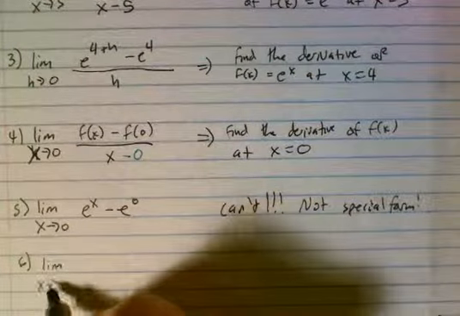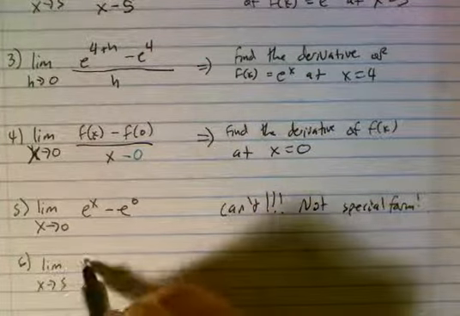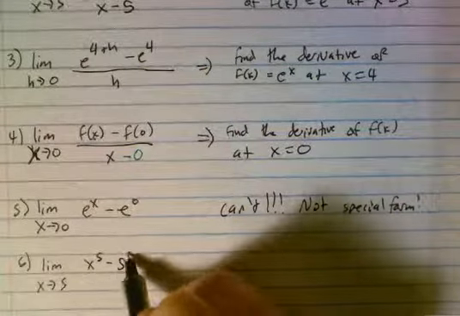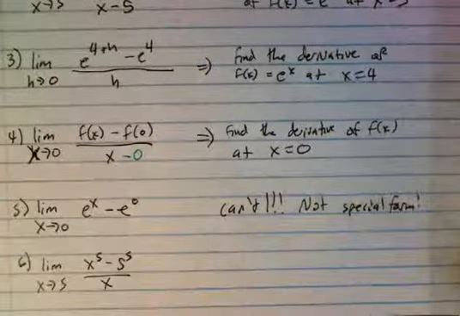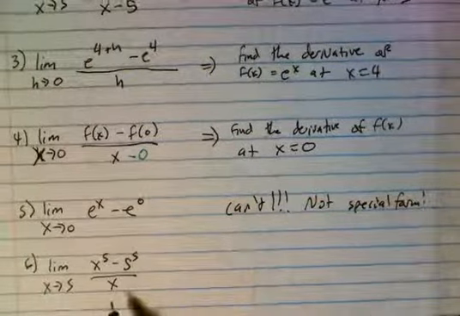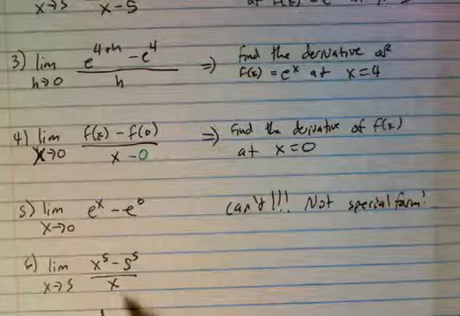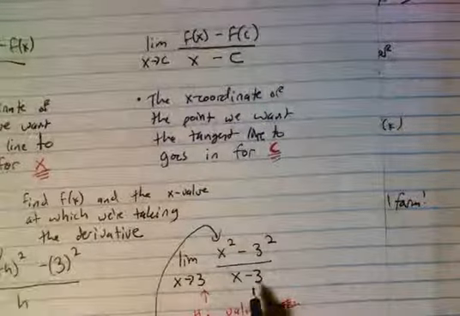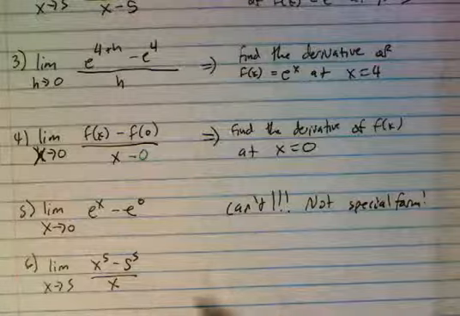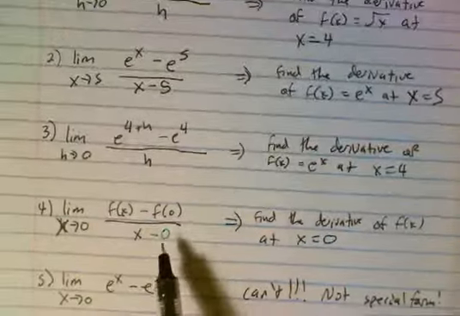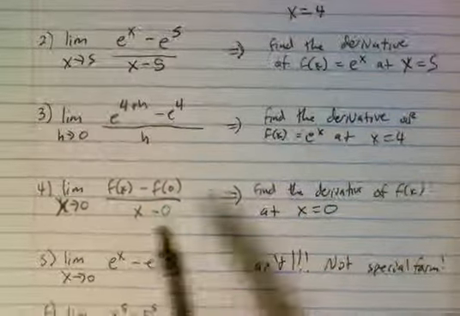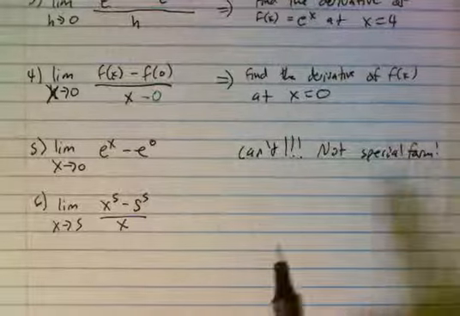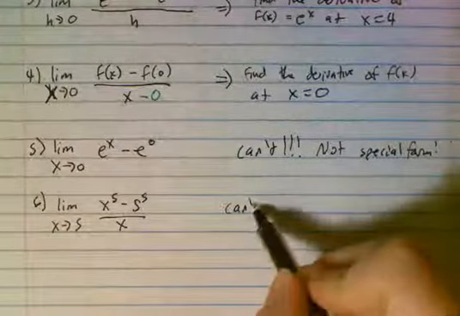Similarly, we don't have a number down here. In order for it to match this form, we have to have x minus some number in the denominator. Notice that up here it was okay if we didn't, because it was really 0, and the 0 was really there, it was just invisible. But with this one we can't.